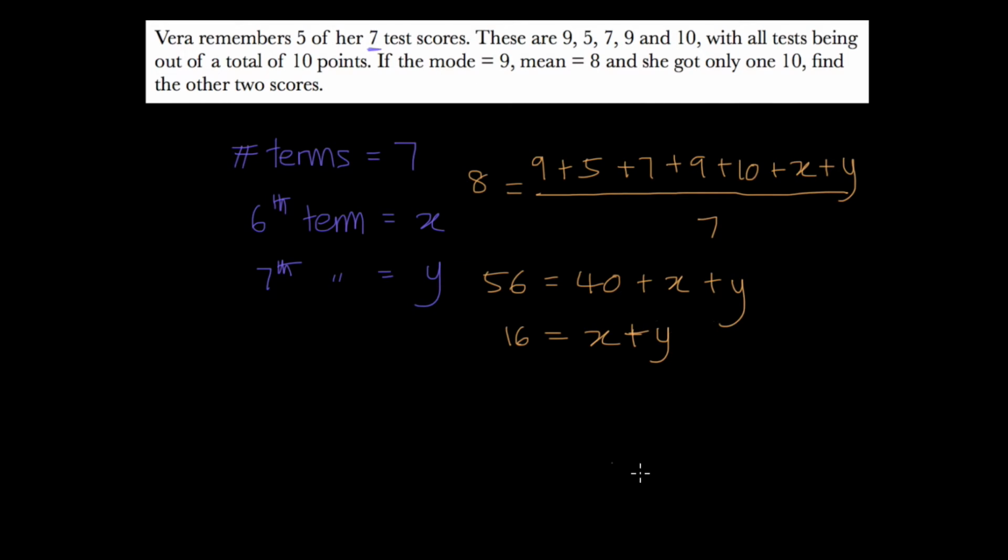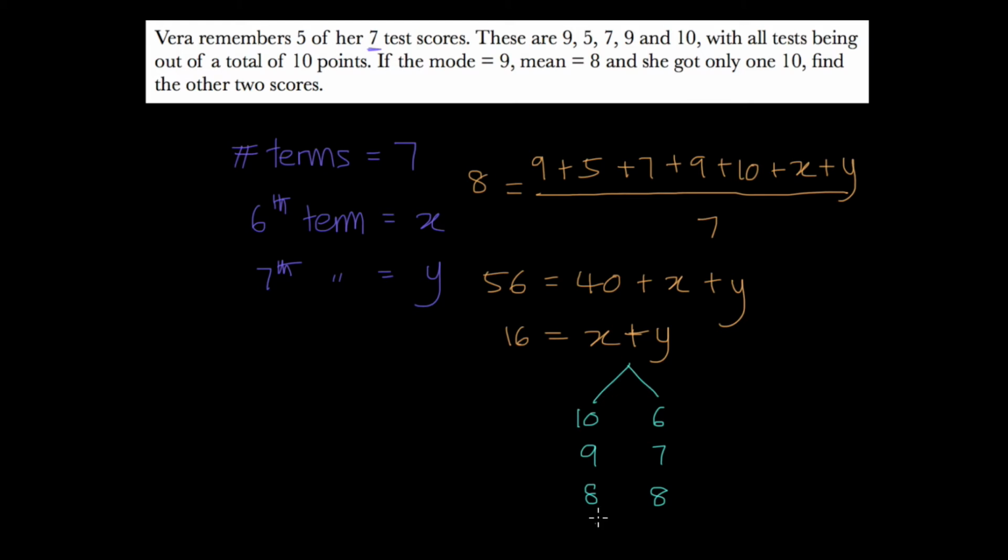Two numbers that add up to 16 could be 10 plus 6, 9 plus 7, and 8 plus 8, right? That would be it, because 7 and 9 is the same thing as this one, and 6 and 10 is the same thing as this one.